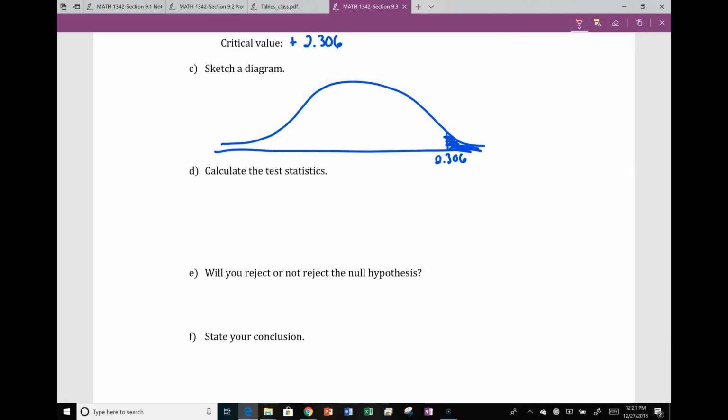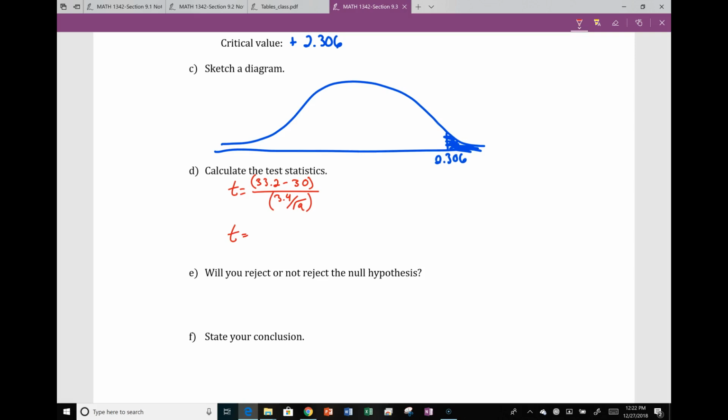Now let's look at the test statistic. That's going to be a t. We have 33.2 minutes minus the 30 minutes that they claim, divided by the standard deviation of 3.4 over the square root of 9.